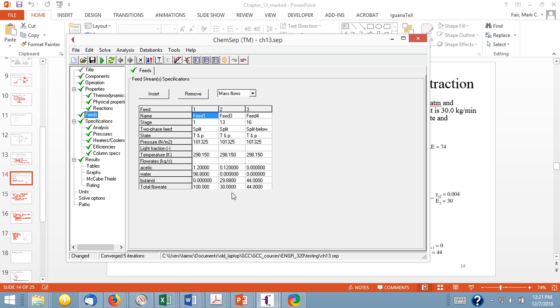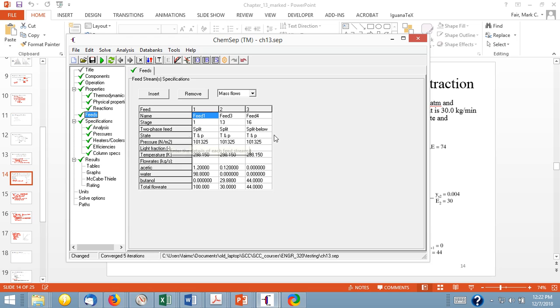Okay. And then our last one is the pure butanol, which comes in at the bottom. So it was 44. And if you set up this originally with just split, you'll find that ChemSep is unhappy with that. It's going to expect for this particular one, which comes in at the bottom, that the split is below for it.